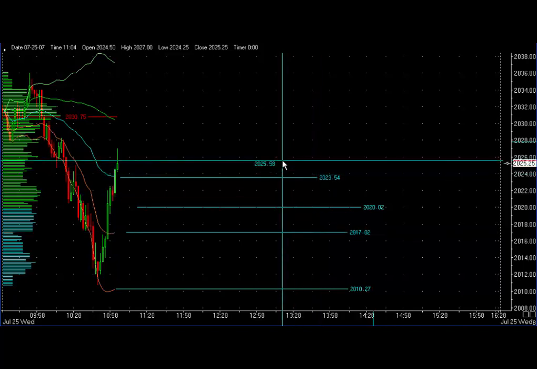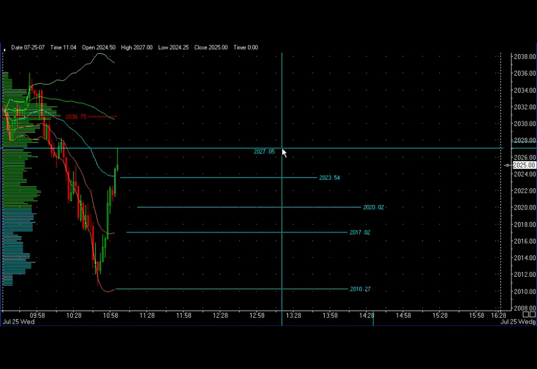Market's still moving up. We're up to 2027, the high here.